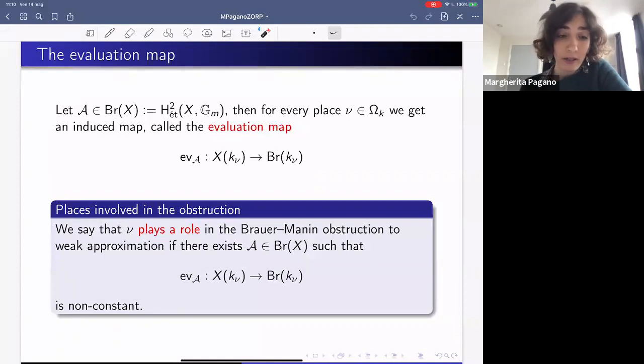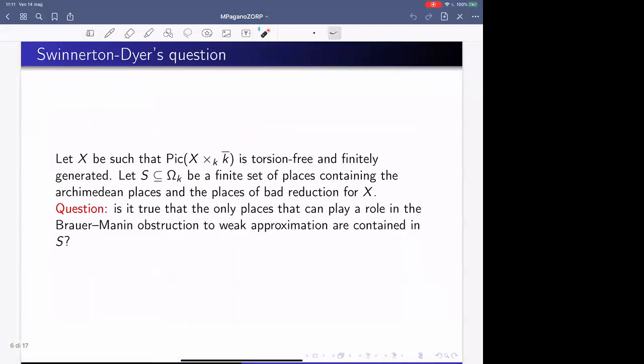So in particular, if one goes through the definition of this Brauer-Manin set, it appears that if the evaluation map at some place is non-constant, then there is a Brauer-Manin obstruction to weak approximation. So really, to study these evaluation maps is the right thing to do in order to understand what this Brauer-Manin set looks like.